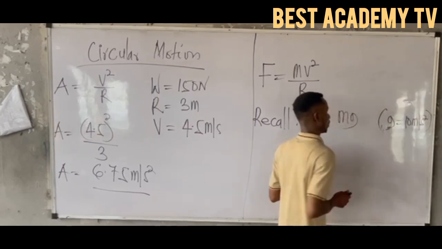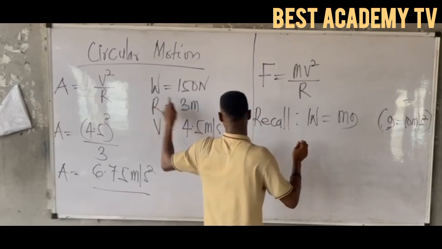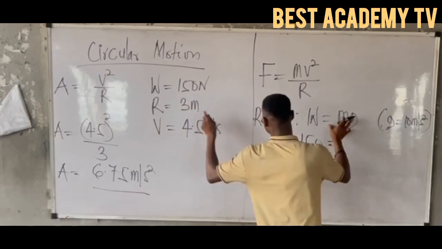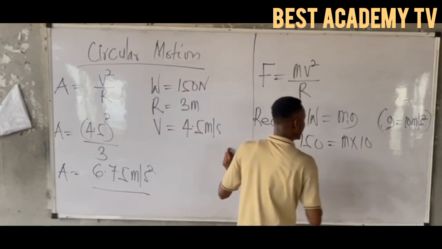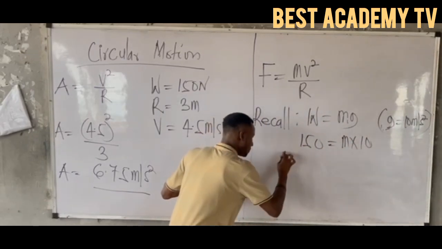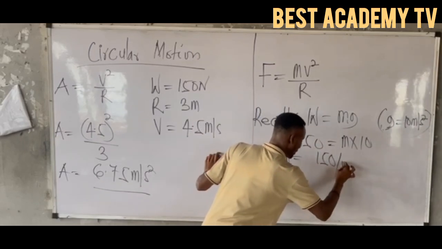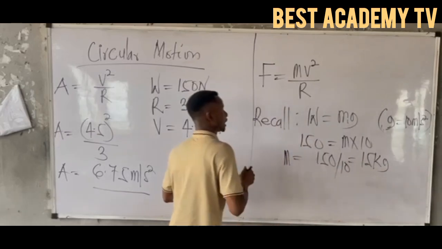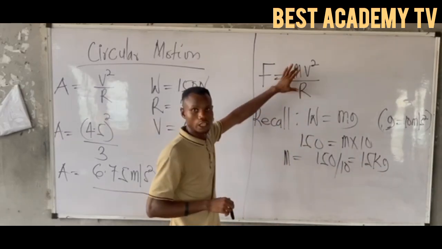Now replacing this, weight is already given to us as 150, which is equal to mass, which is not given to us, times 10. So making mass the subject, the mass equals 150 divided by 10. What is the answer? 15 kg. It means the mass is now given to us, and we can easily calculate centripetal force.